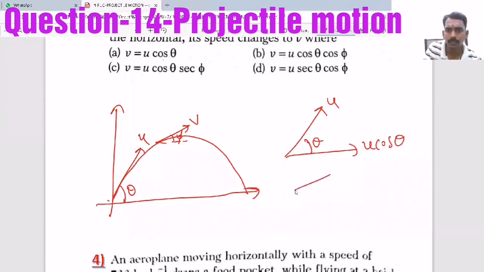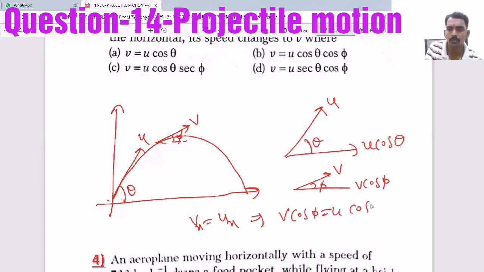After some time it became v and the angle is phi, so the horizontal component is v cos phi. But Vx should be equal to Ux for every projectile motion. So v cos phi should be equal to u cos theta. From here, you will get v equal to u cos theta by cos phi. So option C will come.